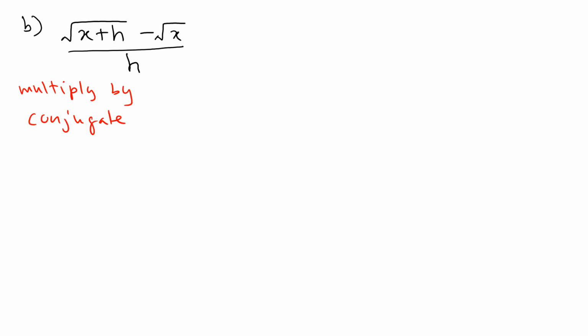The conjugate is a term with the opposite sign. You see that there's a minus sign, so that means we're going to get a term with the plus sign here. That's what we call the conjugate, opposite sign. We're going to multiply the top and bottom by that.